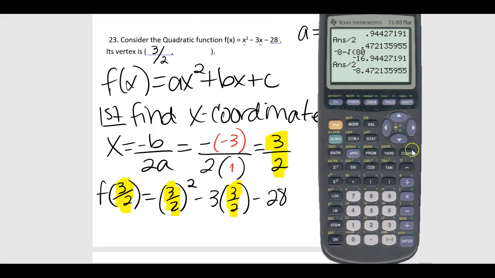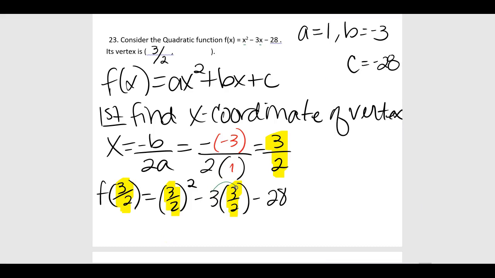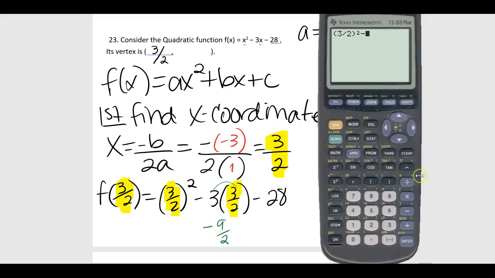So I'm going to clear all this out. 3 over 2. I like to put all my fractions in parentheses. Squared. And then minus. So I'm going to go ahead and say 3 times 3 is 9. That's going to be minus 9 over 2. So minus 9 divided by 2. Minus 28.